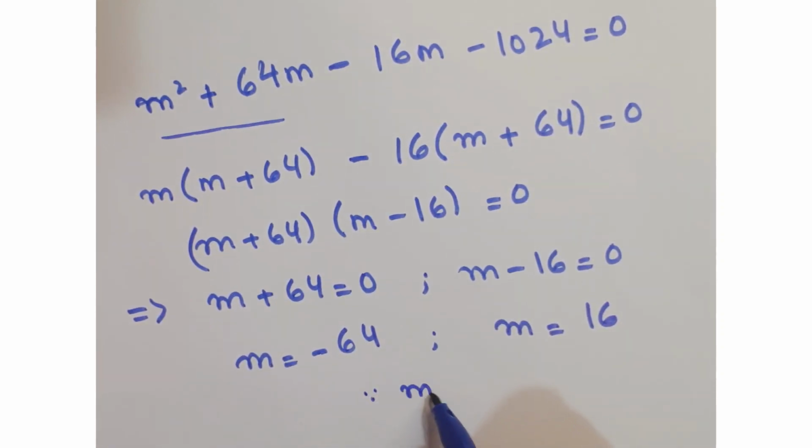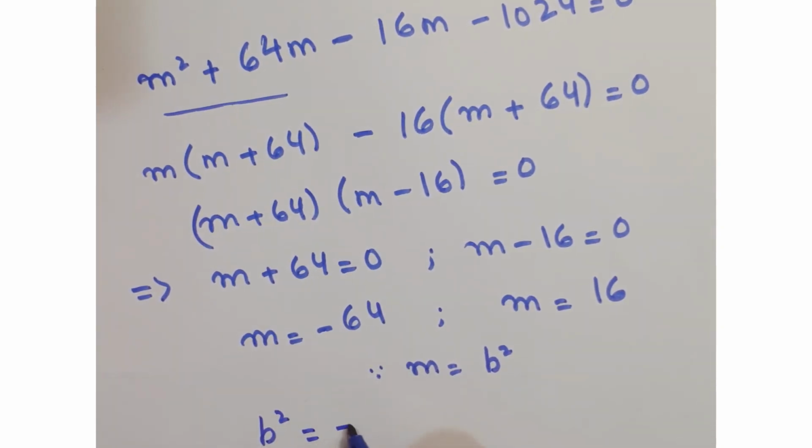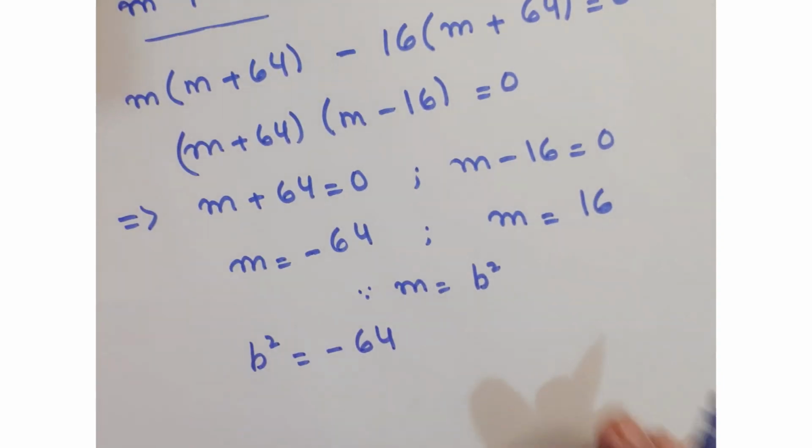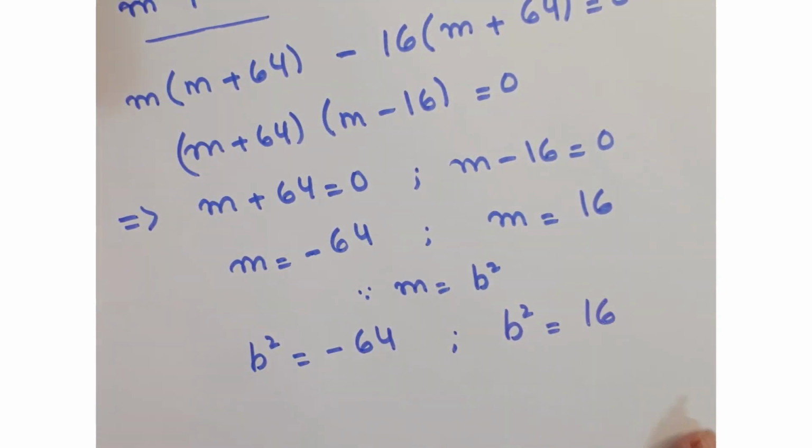Since we assumed that m is equal to b square, replacing this you get b square is equal to minus 64 and b square is equal to 16.